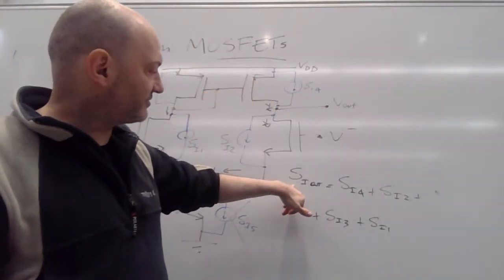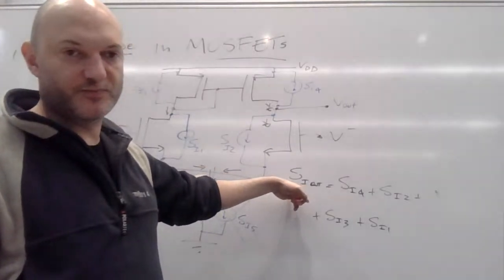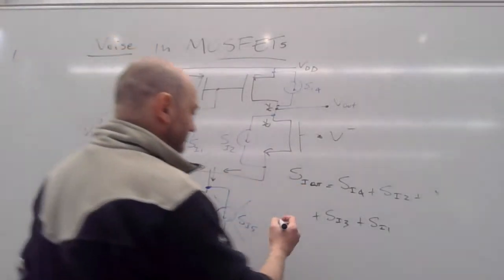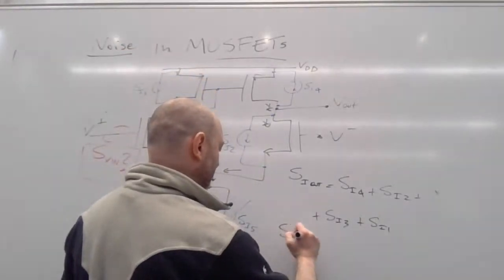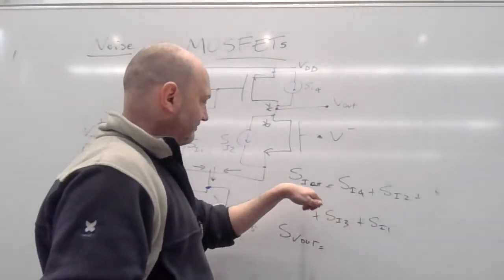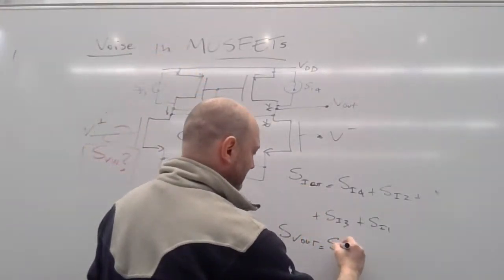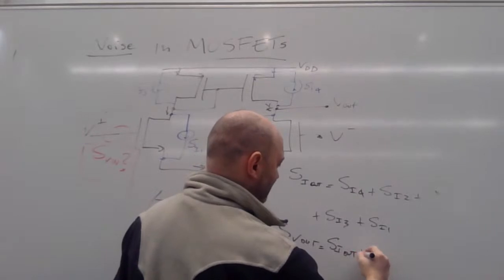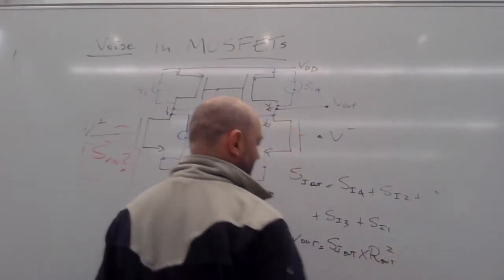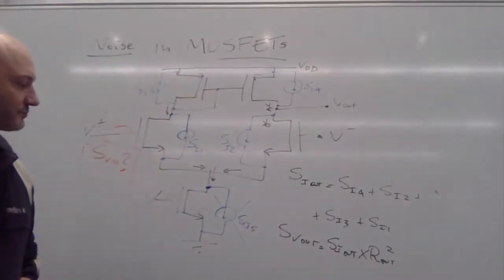Since here we are using power spectral densities, we multiply by the output resistance squared. So we will have SV out equal to SI out times R out squared.